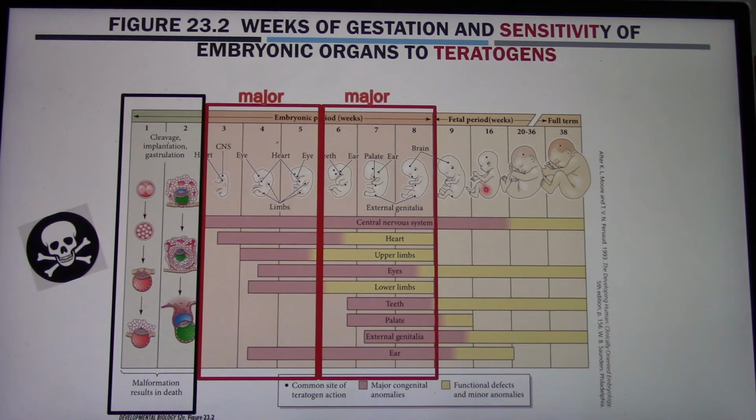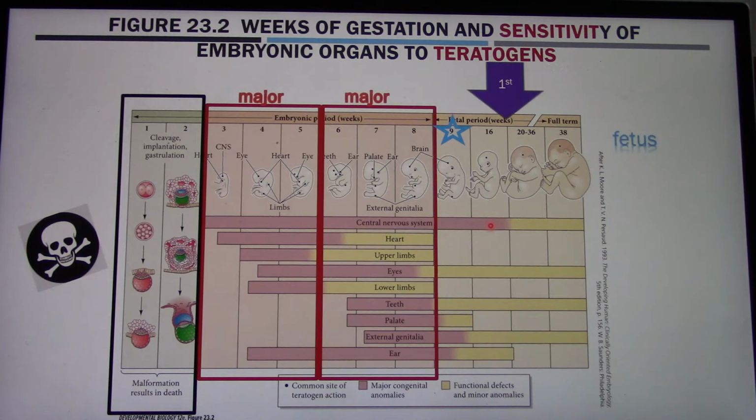All right. Now, starting at week 9 of human development, we no longer call the developing organism an embryo. Now we call it a fetus. At week 9, it is a fetus. And you can see that the central nervous system is still sensitive to teratogens. It has been sensitive the entire time so far. Now, at the end of week 16, that is the end of the first trimester.